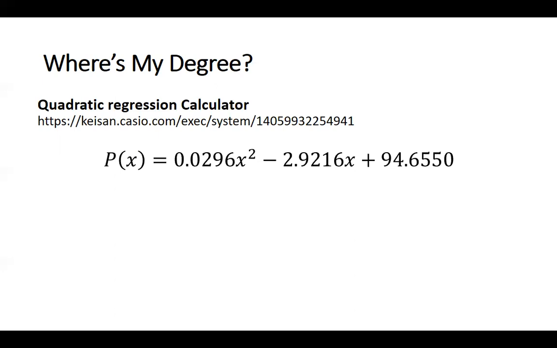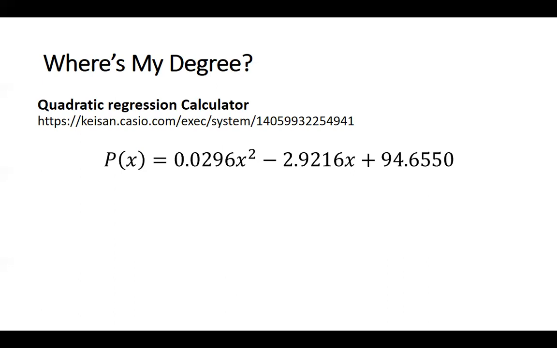And of course, those coefficients are rounded, but that's what I got. So now that I have that, I have a quadratic function that relates the age of people over 40 and the percentage that do not have college degrees. That's the first part of the question.